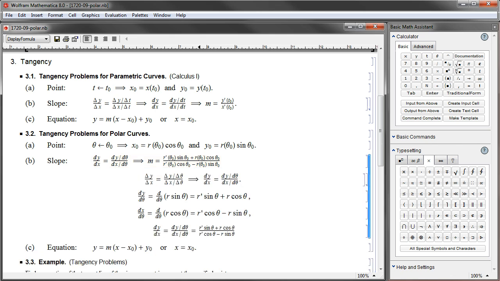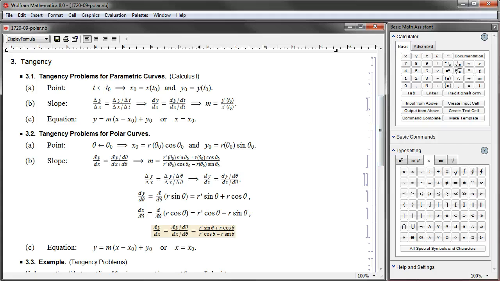We want dy dx by chain rule, dy d theta over dx d theta, and then calculate the derivatives. y is r sine of theta, so use product rule. The denominator is x, so r cosine of theta, and by product rule we get this kind of derivative, and the ratio is the slope formula for polar curves.